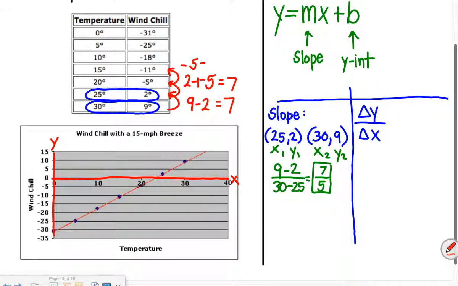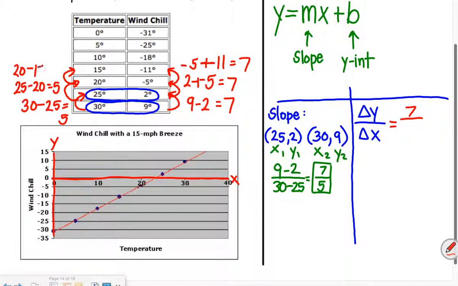Negative 5 minus a negative 11, which is 7. So we're going to get all 7s on that side. So I'm going to put a 7 on top. And then if I do change in y, 30 minus 25 is 5. 25 minus 20 is 5.